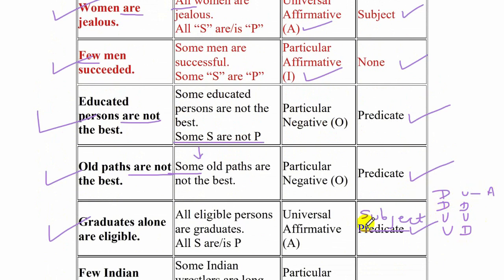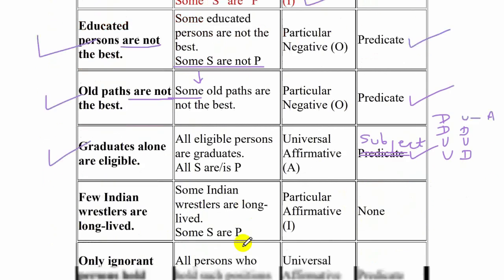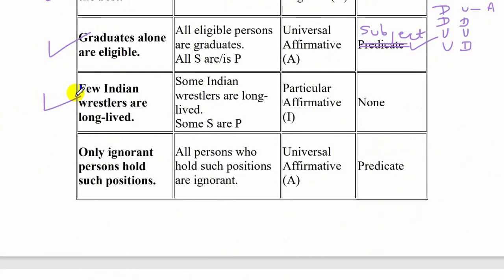This is an A-type proposition. In A-type, the distributed term is the subject. So this is wrong. I hope you also got it before I told you. Graduates alone are eligible. All S are P.